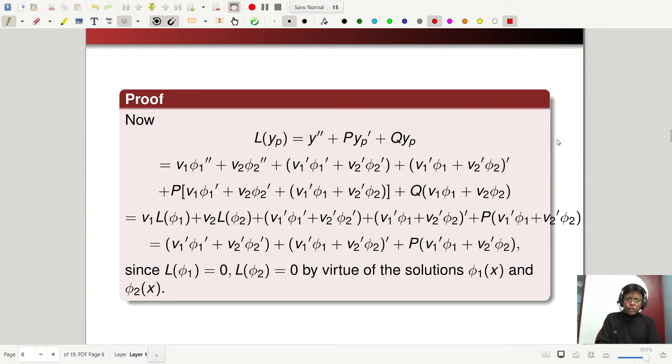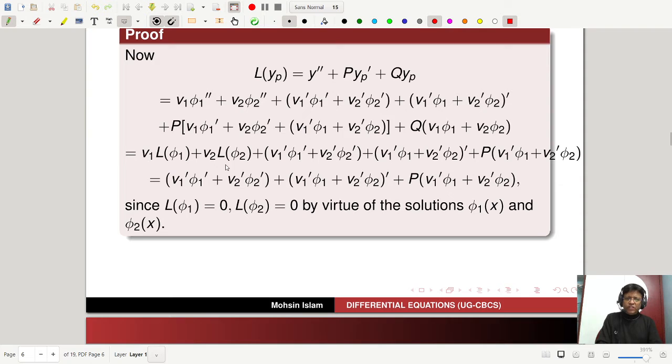If you substitute, after calculation you will have this type of form. This is your L phi 1 and L phi 2, and L phi 1 and L phi 2 are 0, because phi 1 is a solution of that differential equation, and phi 2 is a solution of that differential equation. So it will be 0. So you will remain with these three terms inside the bracket.